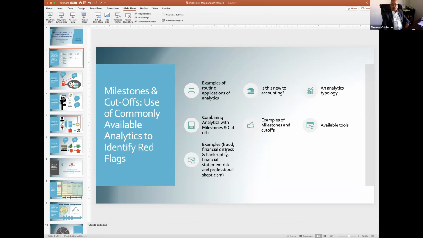We will discuss available tools, and finally I'll close with a few examples of how milestones and cutoffs might be used in business settings. And these examples are actual real examples that a firm might adopt or auditors might use.